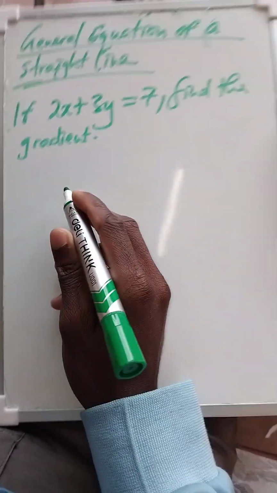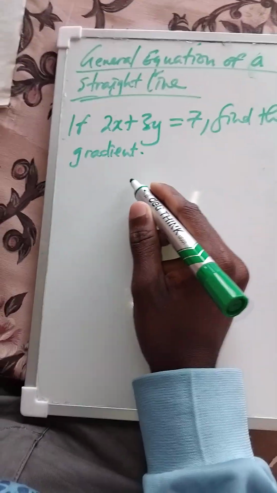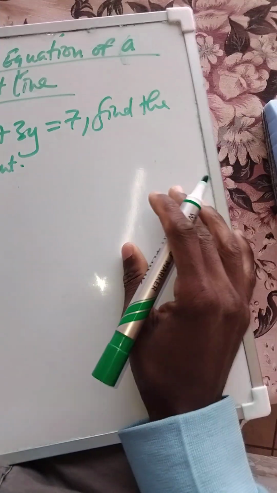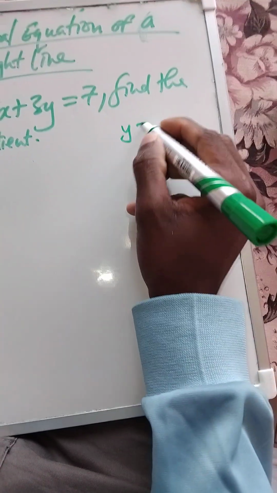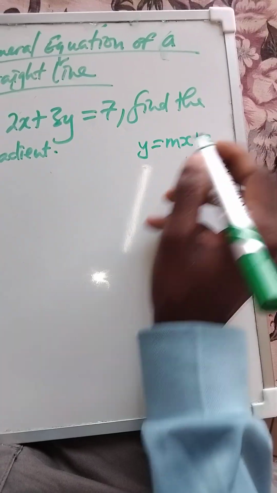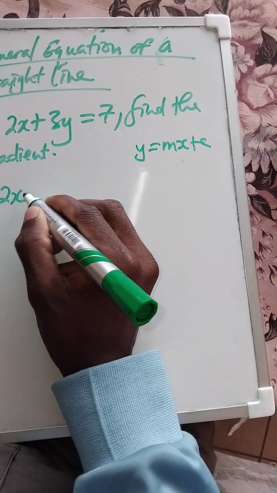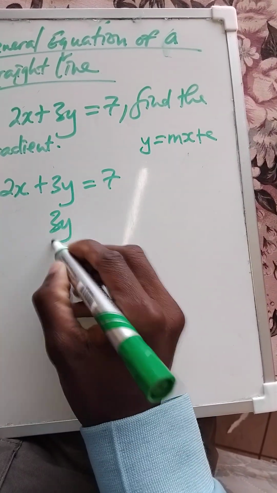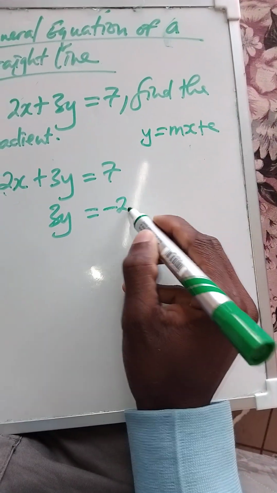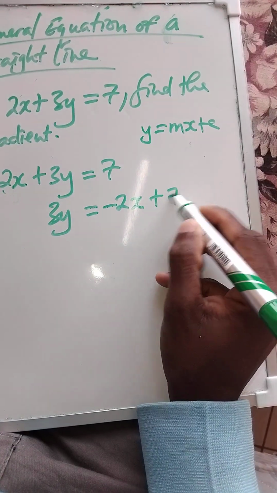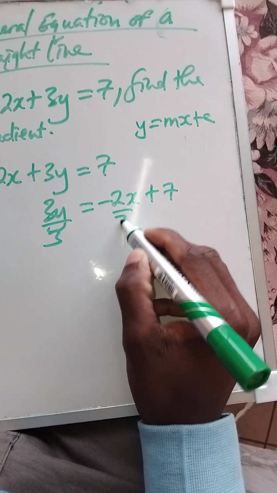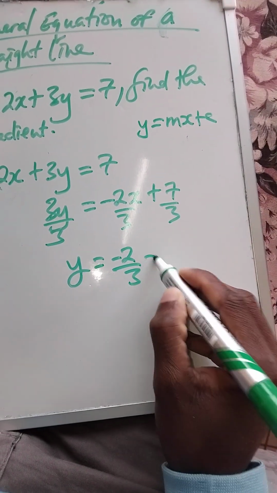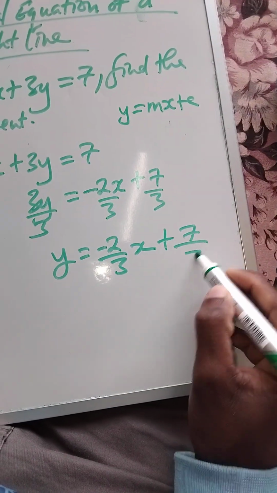First make y the subject of the formula so that it is in the form y equals mx plus c. So 2x plus 3y equals 7, then 3y equals negative 2x plus 7, divide both sides by 3, so y equals negative 2 over 3 x plus 7 over 3.